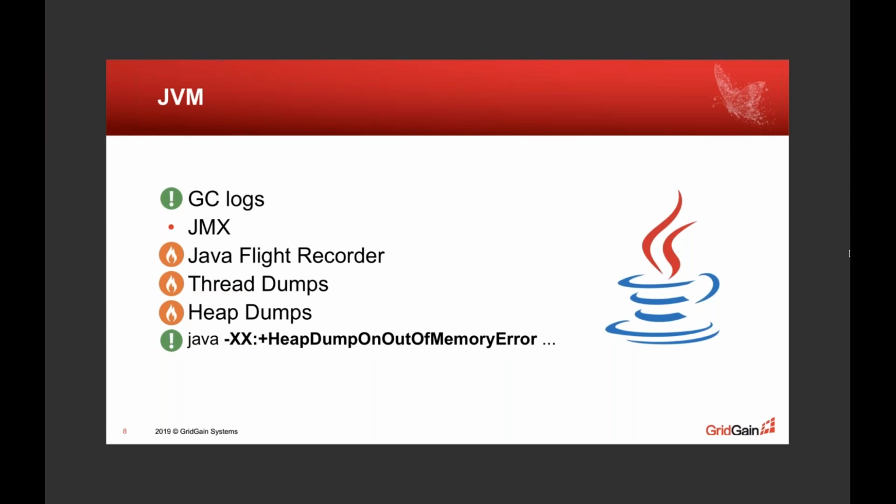Also, there is a tool called Java Flight Recorder, which is available in Oracle JDK or any JDK starting from version 11. And it provides a capability to record a snapshot of the work of your application and see what the hot methods are, what the level of memory consumption is.